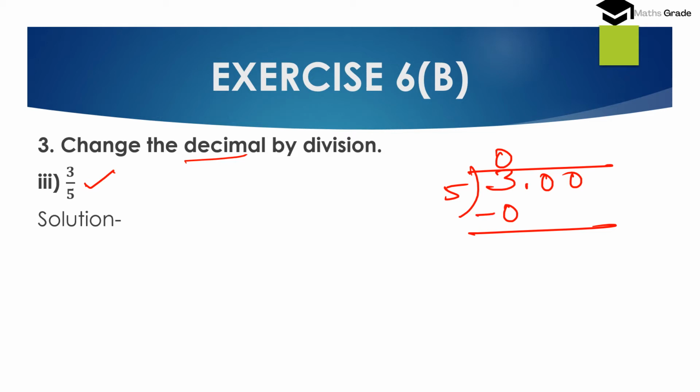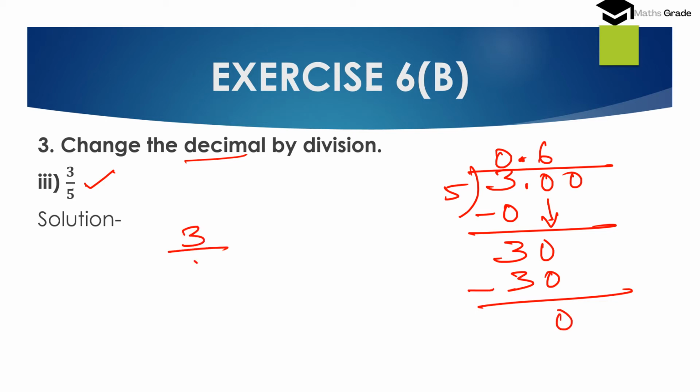Now 3 minus 0 is 3. Write this 0, 30. Now put the decimal point here. Now in the table of 5, if we multiply 5 with 6, we will get 30. 5 6s are 30. Now 30 minus 30 is 0. Now 3 divided by 5 is 0.6. And 0.6 is the decimal form of the fraction 3 divided by 5.